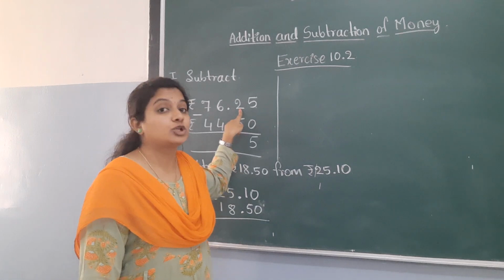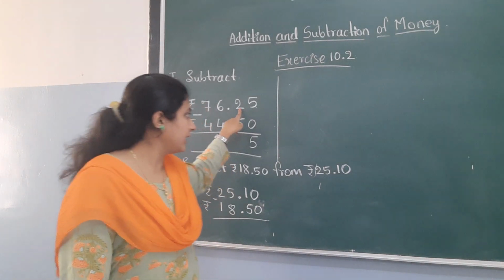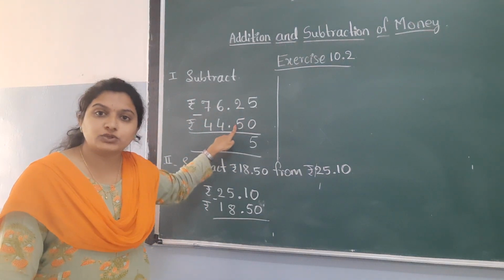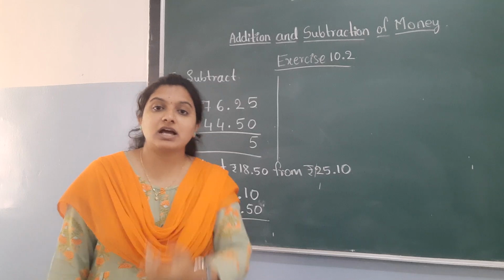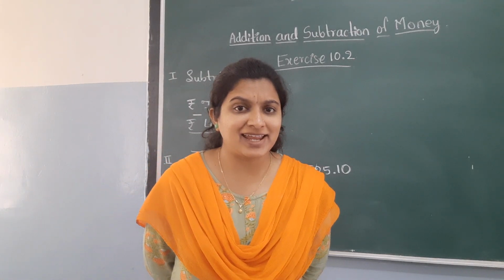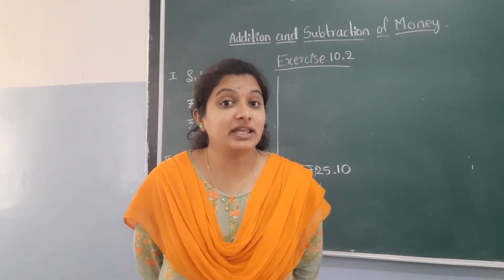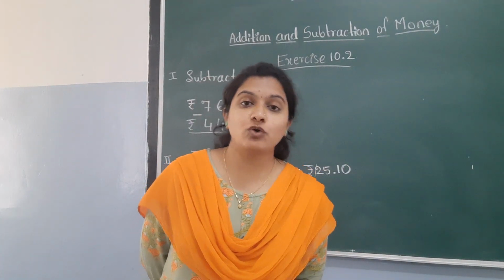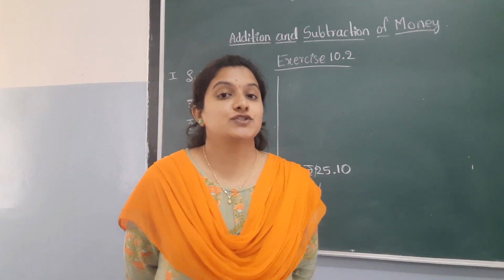Now you have 2 chocolates. Now I will tell you to eat 5 chocolates. You have only 2 chocolates. Can you eat 5 chocolates? No. Why? Because you have only 2 chocolates. You cannot eat 5, right?